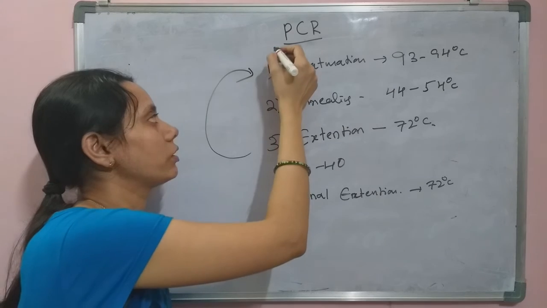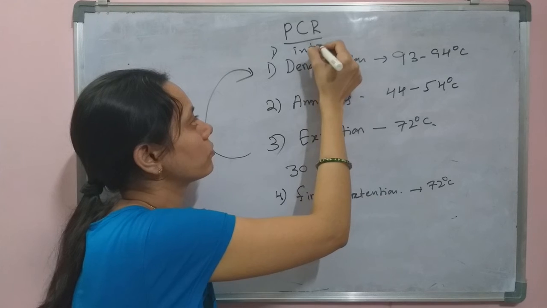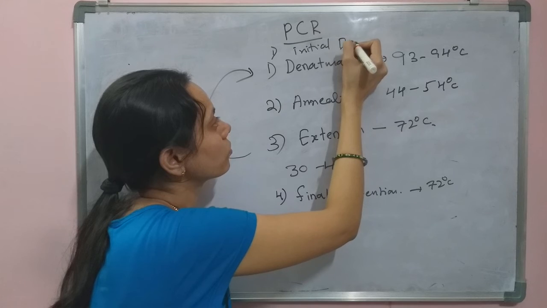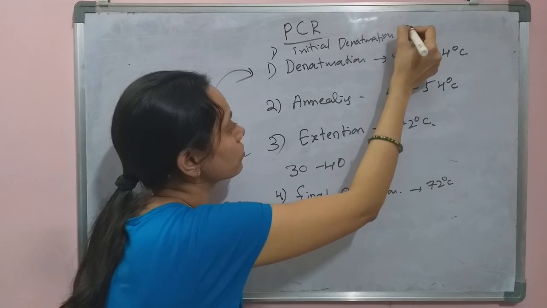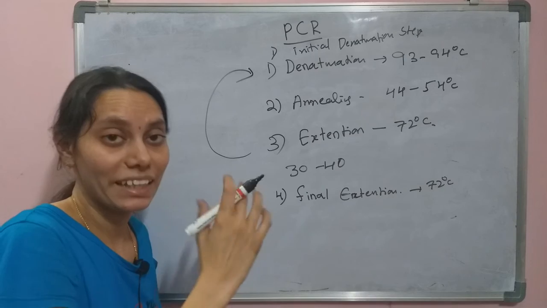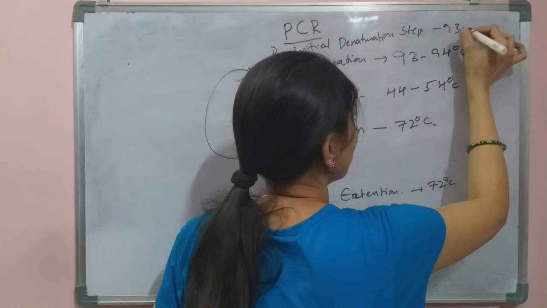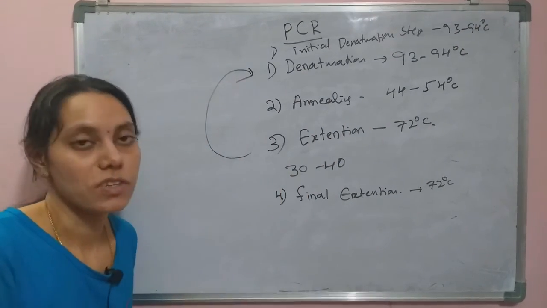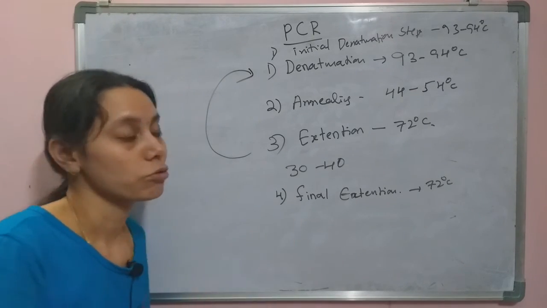And before all this, first we need to give an initial denaturation step. So generally during the initial denaturation step, which is the first step, we maintain 93 to 94 degrees centigrade, and in the final extension step we maintain the extension temperature further. So these are the 2 steps.